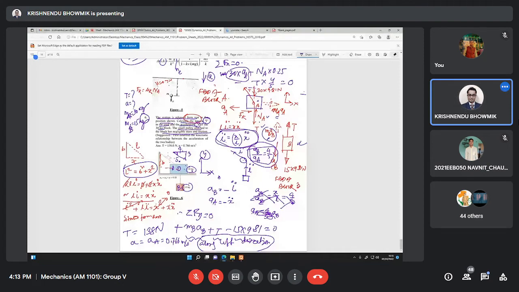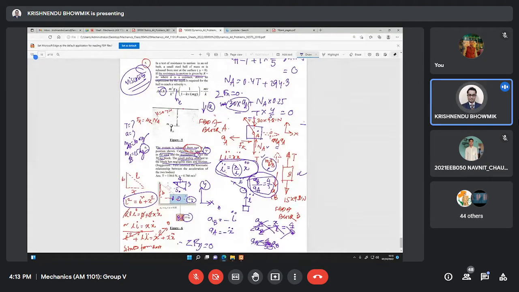And you draw the free body diagram for part A and part B, and the intermediate one I have also shown somewhere, to understand that this L double dot is the acceleration of B. In the free body diagram for A, there is two direction movement, X and Y. So summation Fx 0, summation Fy 0, and for B summation Fy 0, using the D'Alembert principle equal to 0, dynamic equilibrium.